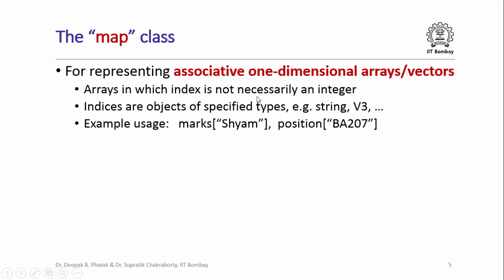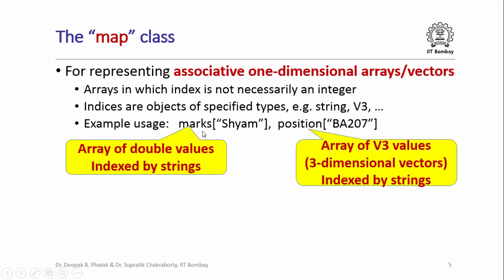So here, for example, I have shown two arrays. The first one can be thought of as an array of double values, marks of students, which is going to be indexed by the names of the students, which are strings. The second one can be thought of as an array of three-dimensional vectors representing positions.